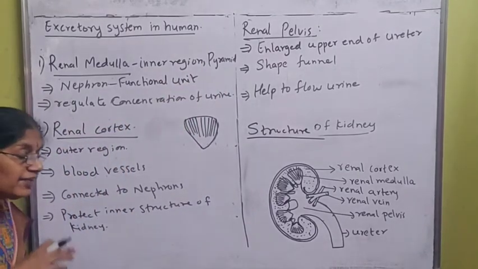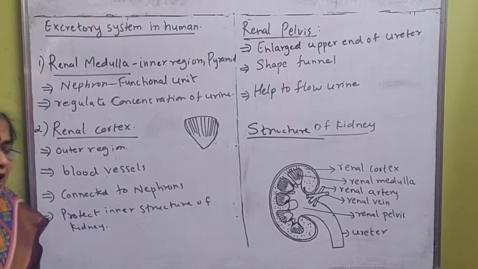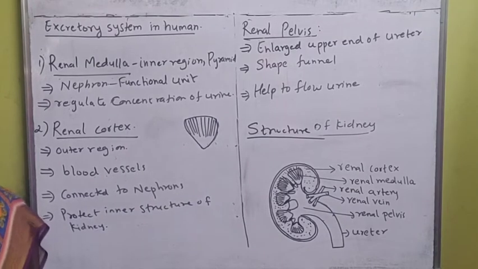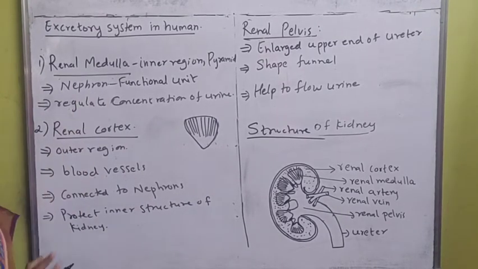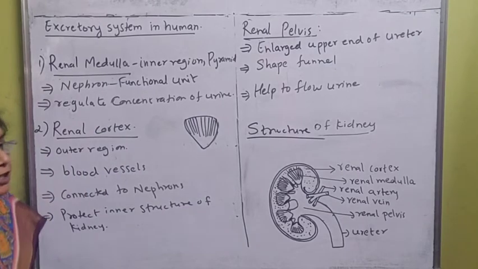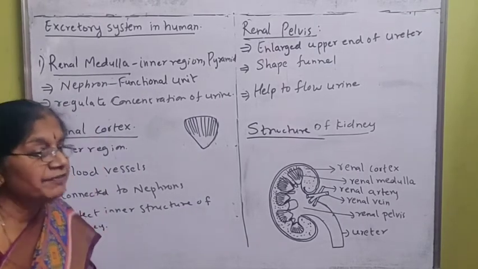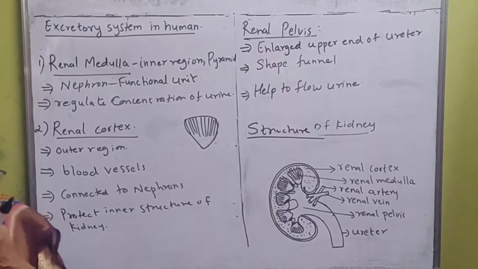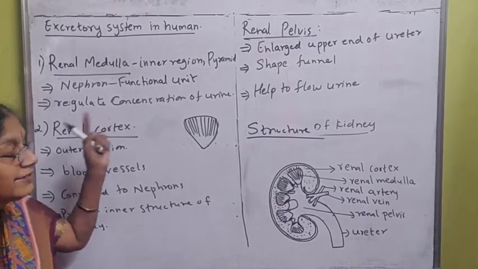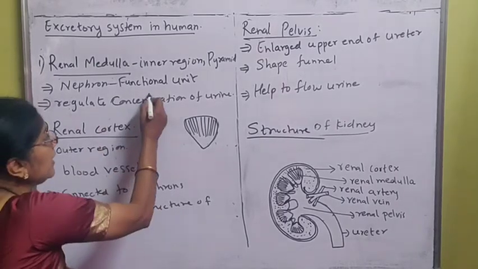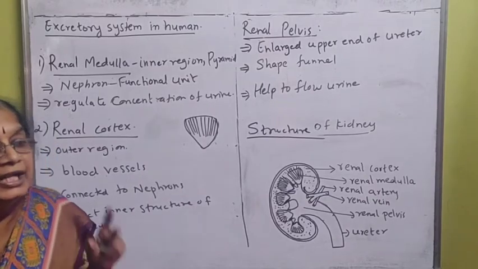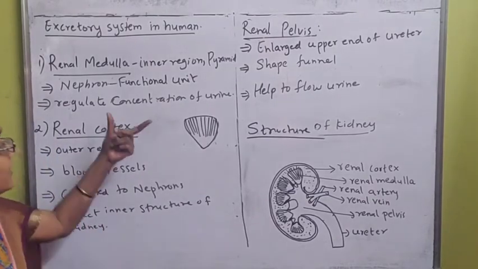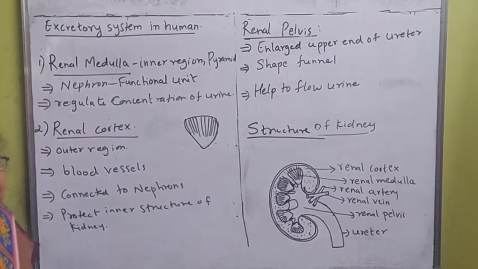And inside that renal medulla, there are a number of functional units of the kidney, which are called nephrons. What does the renal medulla do? The waste matter collected in liquid form, it checks whether the concentration of that urine is correct or not. That is regulated by the renal medulla.